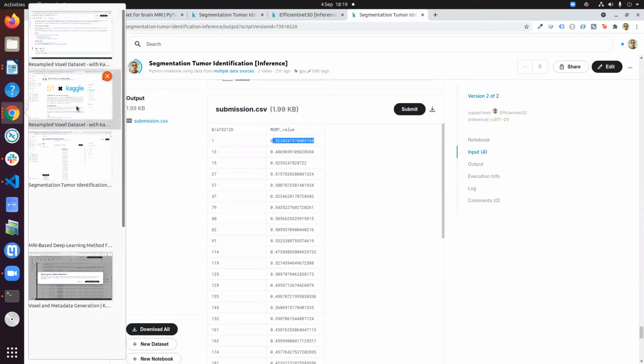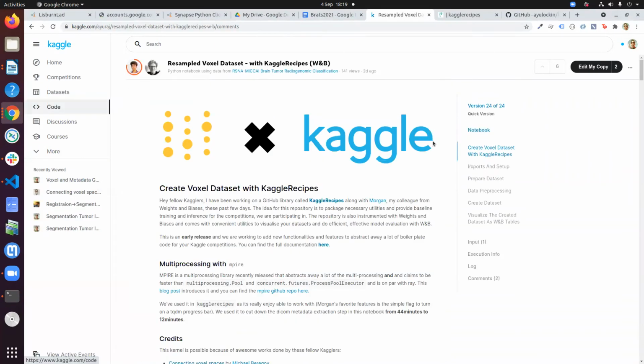I'll post the notebook in Slack, or I can even show you. I applied it to the voxels and got it working. But the 3D EfficientNet notebook that many people have used has issues. It doesn't work.